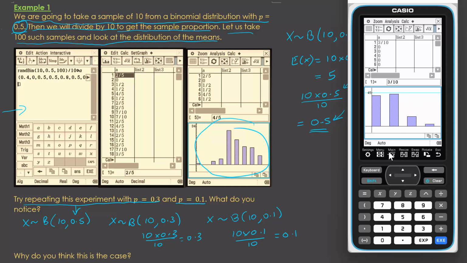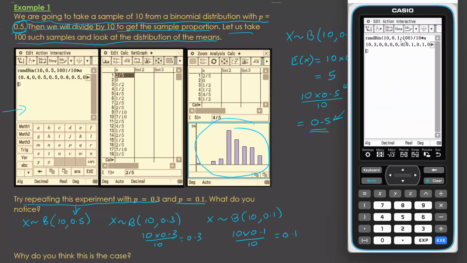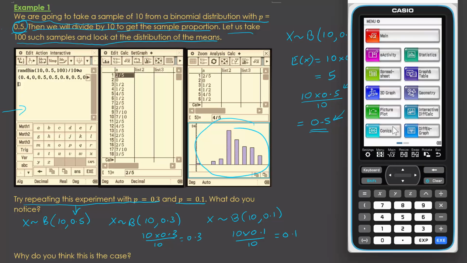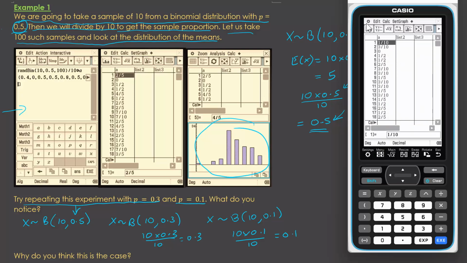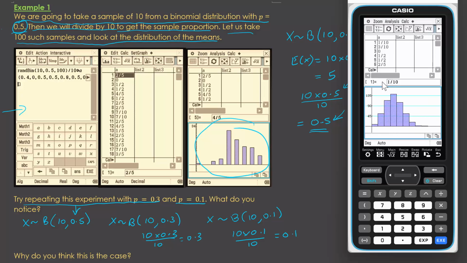And one thing that I might try, let's just go back to the 0.3 one. Let's take more samples. I wouldn't necessarily recommend this on your handheld because it might take a long time to generate them. And let's just see what happens with that one. Let's take their suggested width. See what that looks like. It looks pretty good.